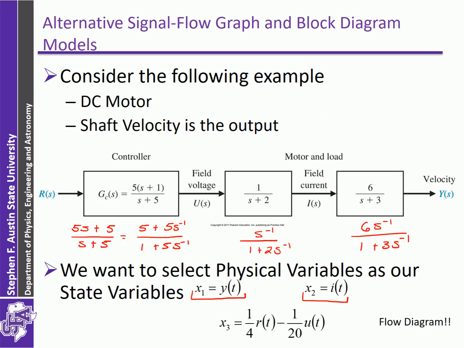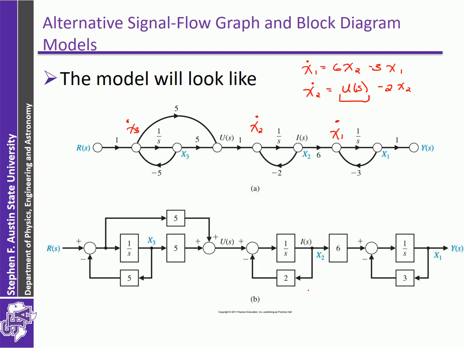So the next thing we need to do is grab our state equation and say, okay, previously we have that x3 will be equal to 1 over 4 r of s minus 1 over 20 u of s. If you remember, we solved this.